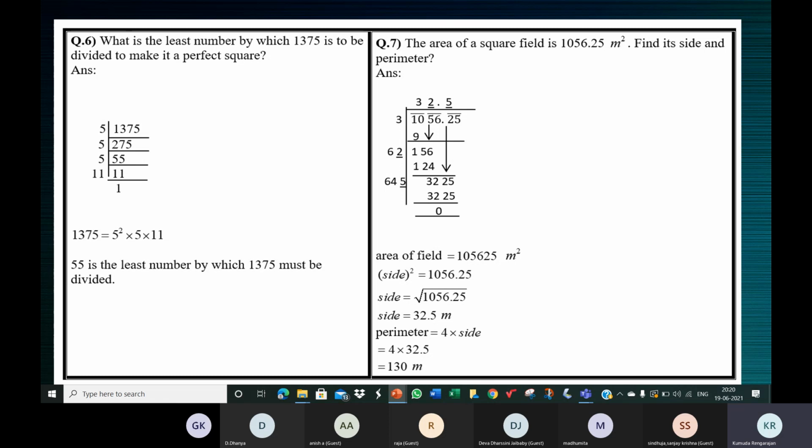Similar to question number 6. What is the least number by which 153,000 is to be divided to make it a perfect square?